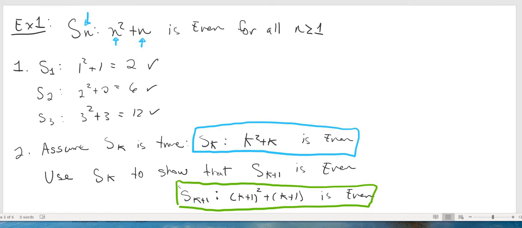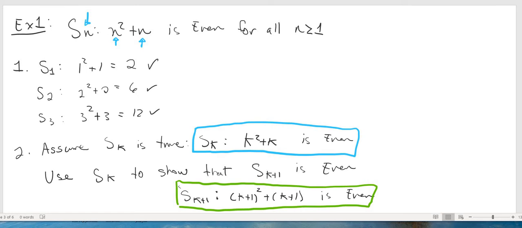This green formula means that this answer will be even. You have to use the blue one to establish the green one. So that's always how induction works. You have to use Sk to make Sk plus 1 work. Once you do that, you're done. That's exactly what we're trying to do.